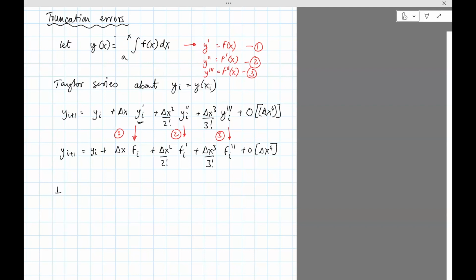The integral is y of x, but between two limits.